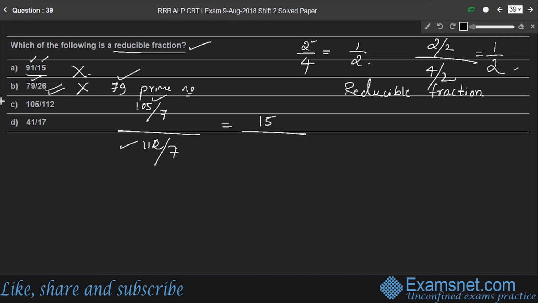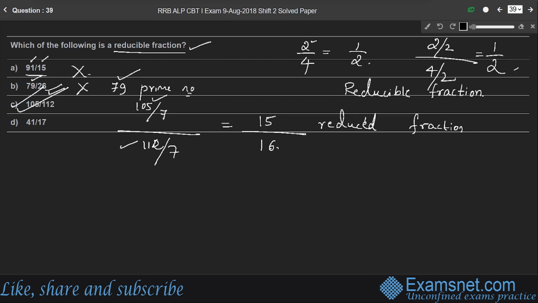Whereas the denominator, when it is divided by 7, 7 into 16, so you will get 16. So it is a reduced fraction of the given fraction, right? Therefore, a reducible fraction is 105 by 112. Option C is the right answer, right?